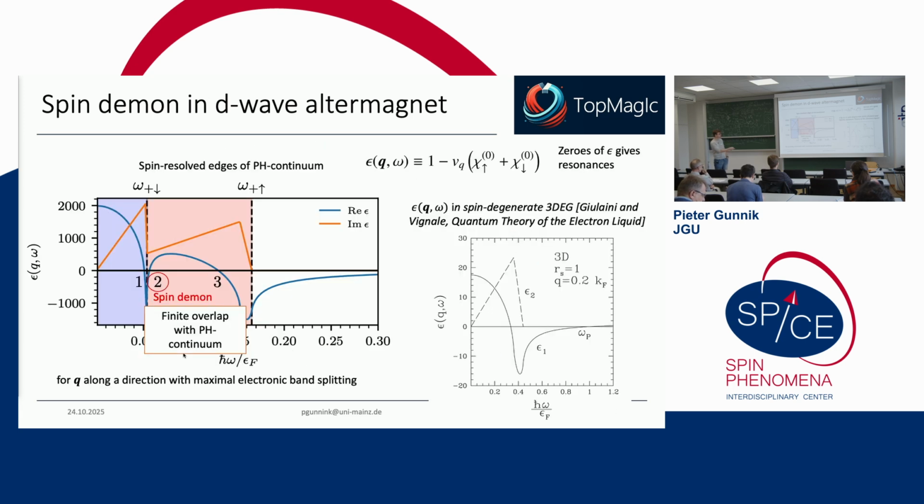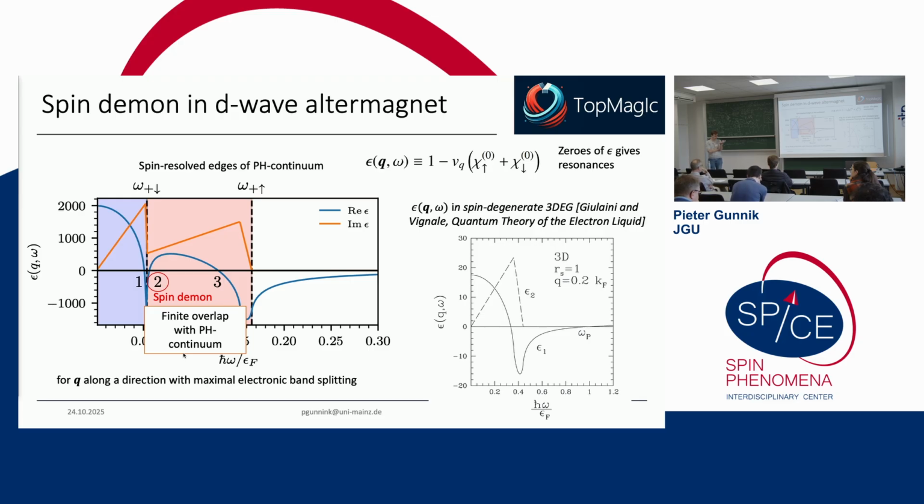Sorry, are we talking about the spin demon or about this 1 or 3 model? Well, these are all models. As I said, these are pseudo-Goldstone modes of the altermagnet. And the altermagnet, in the continuum, actually has exact Goldstone modes, which on generic directions are overdamped, but in some directions are underdamped.